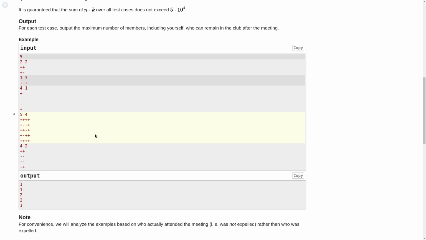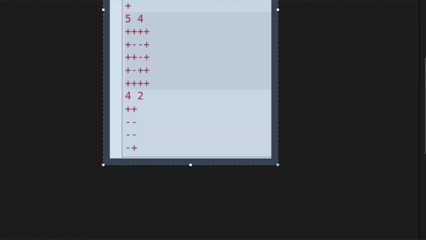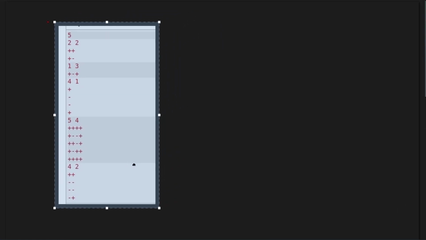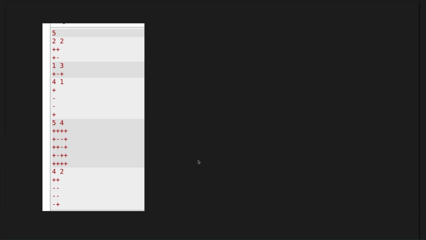Now let us discuss the test case. Here you will see that the input is given as a string of plus and minus. The plus sign denotes that that particular person has given a yes, an agreement, to that particular opinion. Let me write it down so that it is easier to understand.